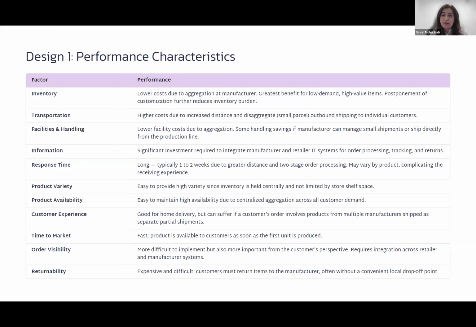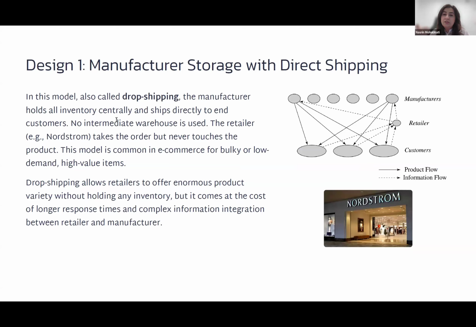In terms of information, we need definitely significant investment in information infrastructure because there are so many things happening in between, right? So customers place the order to retailers, and retail stores are communicating that information to several manufacturers, and then several manufacturers are sending packages to this same customer. So there should be a very good information system that helps everyone in this supply chain to track what's going on, specifically the customers, where their packages are, when they will be delivered, and so on.